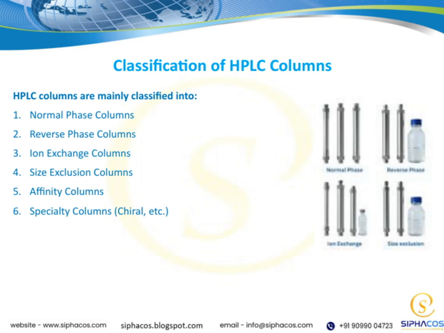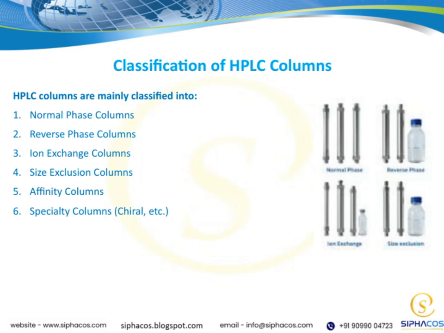Then, we have ion exchange columns, which are specialized for separating ions and polar molecules based on their charge interactions. Moving on, size exclusion columns work by separating molecules based on their size, allowing us to analyze complex mixtures like proteins or polymers. There's also affinity columns, which rely on specific biological interactions, such as antigen-antibody or enzyme-substrate bindings, to achieve highly selective separations.